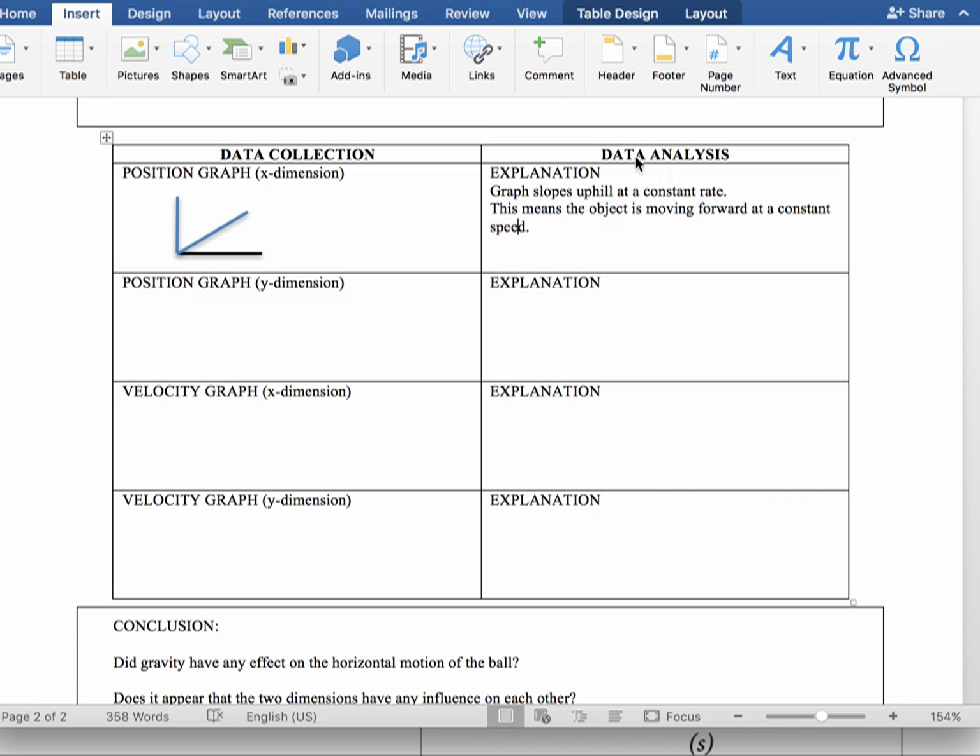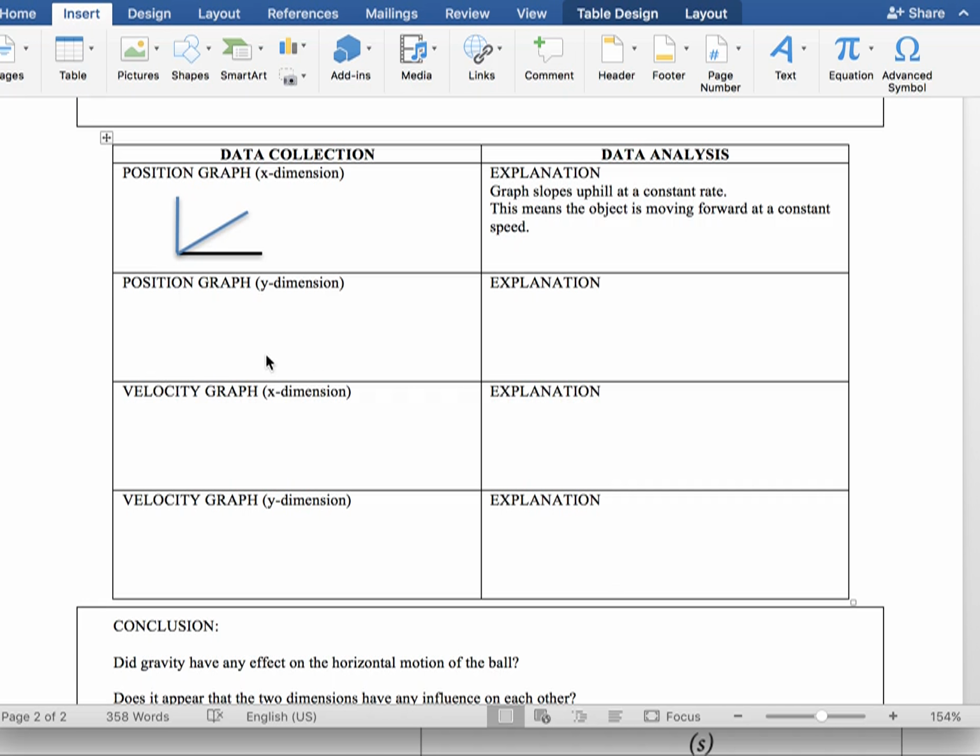All right, I did that first explanation for you. What I need you to do now is, if you're the sub, please pause the video and give the students several minutes to write explanations for the rest of the graphs. What you need to tell me is what the shape of that graph is telling us about the basketball in the real world.